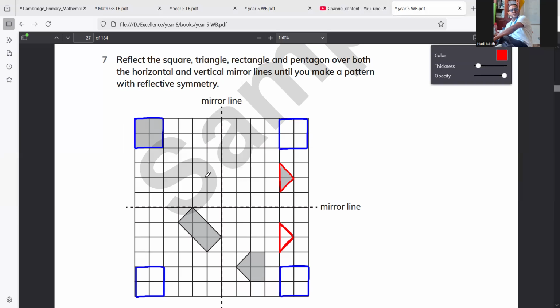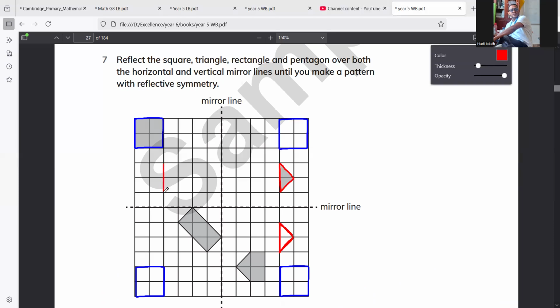Count one, two, three, four, and then you draw it here. When you draw it here, please draw it at the same distance and the same size. Nothing will be changed. When you fold it, it will go exactly over the other one.